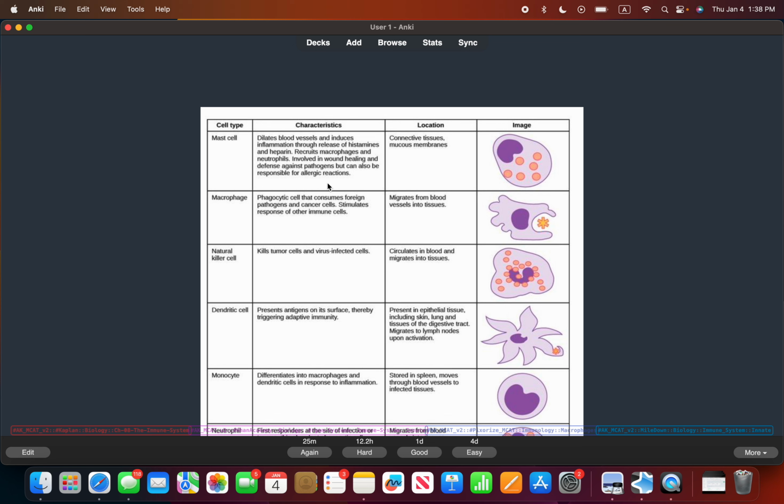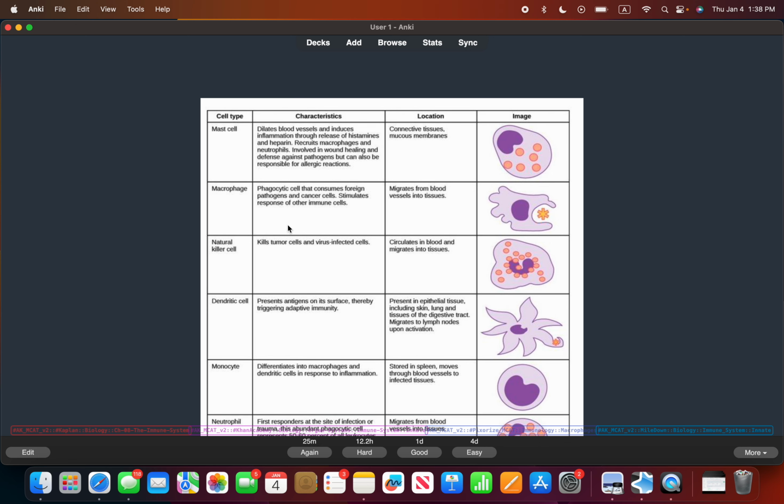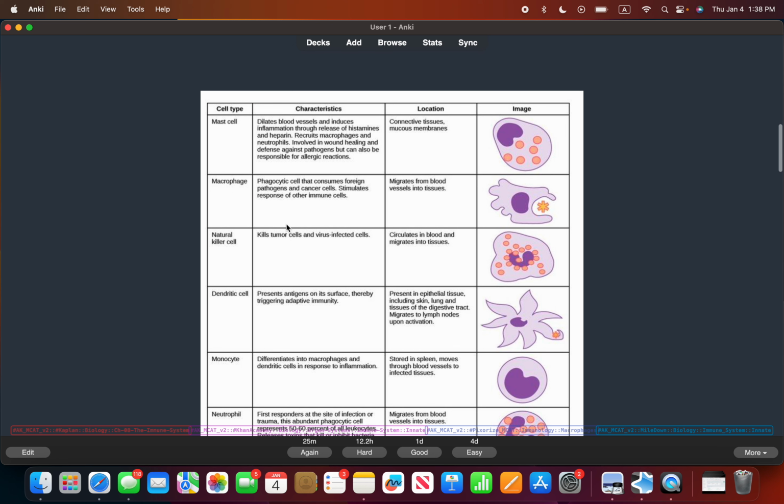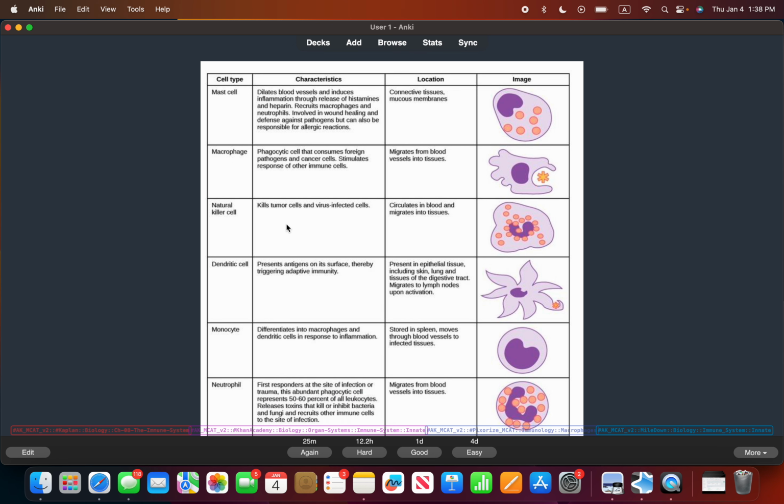Then you have macrophages. They are phagocytic cells. They consume foreign pathogens and cancer cells, and they stimulate response of other immune cells. Then we have natural killer cell. So these are all adaptive immunity, right?